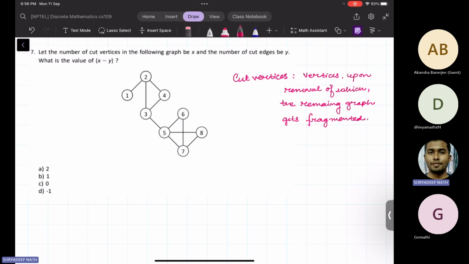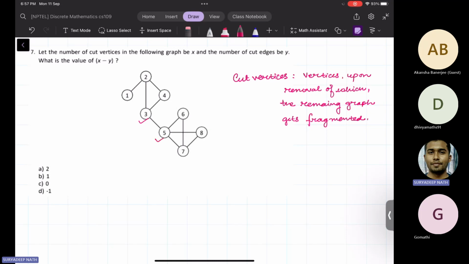You have 8 vertices in the graph shown. Tell me which of these 8 are cut vertices. 3 and 5. So you are saying that 3 is a cut vertex, right? If you remove 3, you are left with 1 to 4 on one side and 5, 6, 7, 8 on the other.